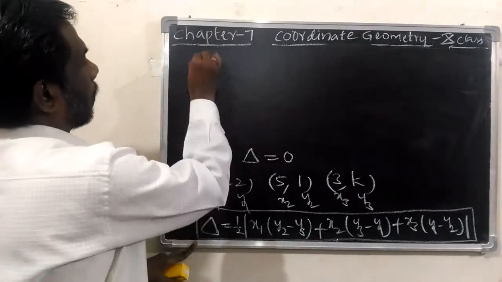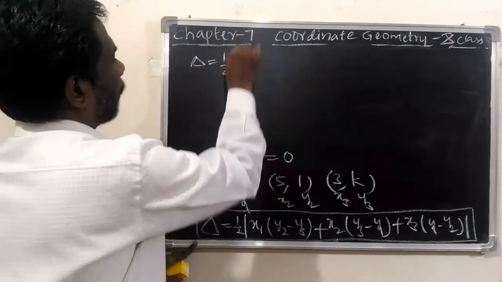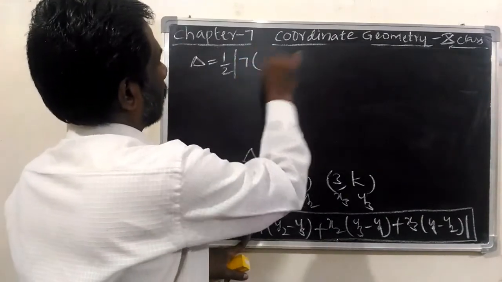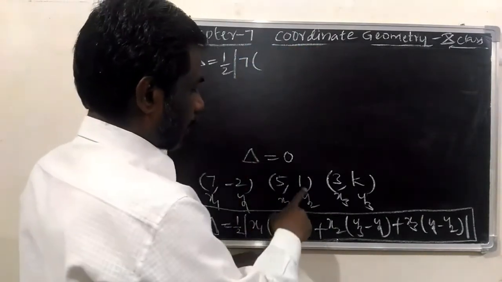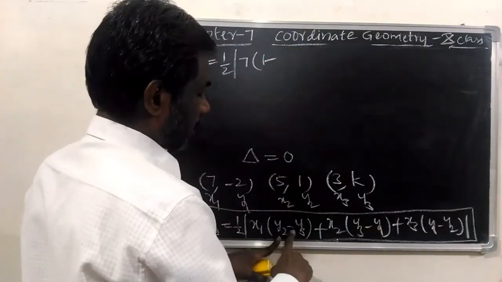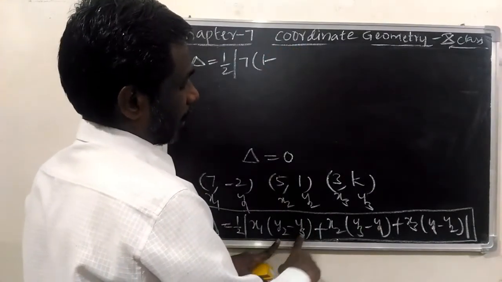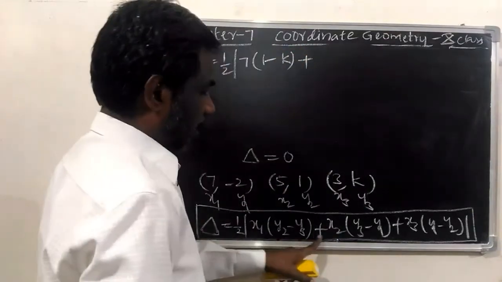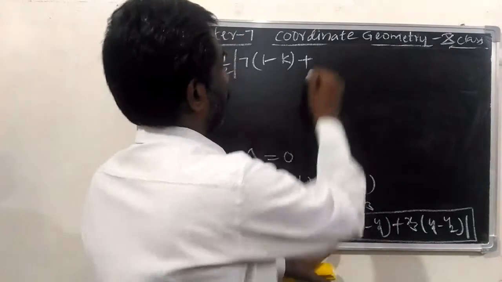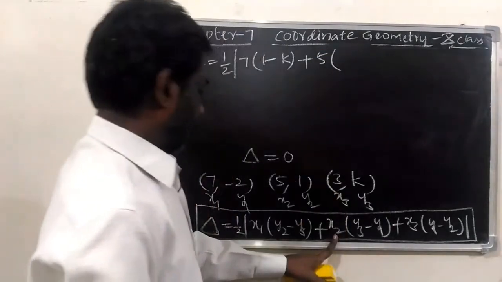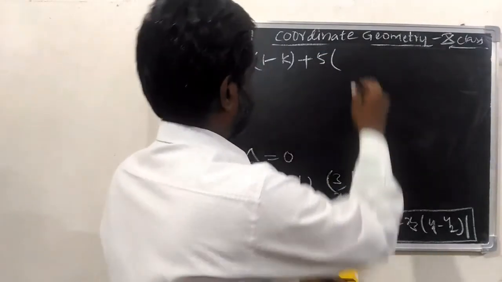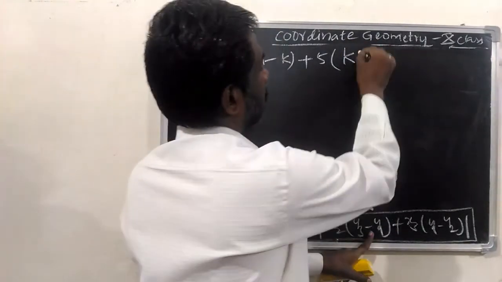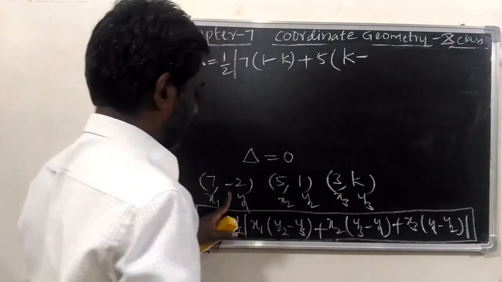Now delta is equal to half mod of x1. x1 is 7, 7 into (y2, which is 1, minus y3, y3 is k), plus x2, x2 is 5, 5 into (y3, y3 is k, minus y1, y1 is -2).